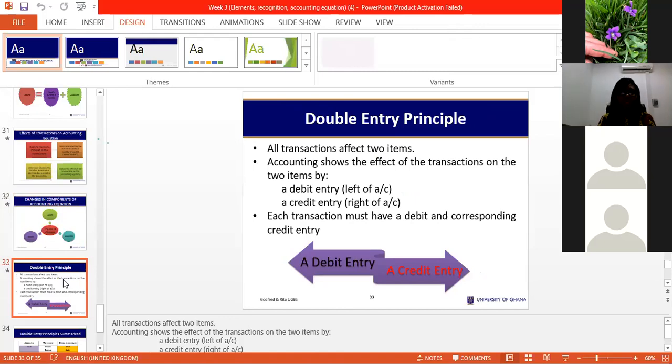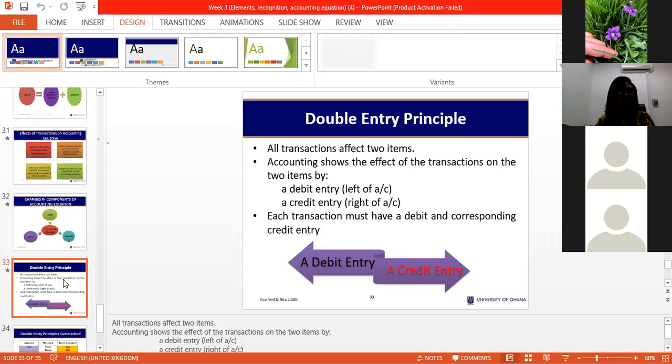Accounting shows the effect of the transactions on these two items, the item either belonging to an asset, belonging to a liability, or belonging to capital. We have already talked about the items that could possibly fall under assets, liability and capital.